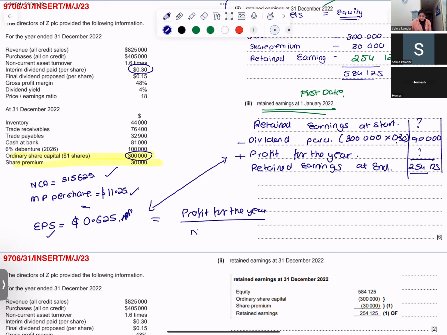What is the number of shares that is issued? 300,000. So 0.625 into 300,000 would give me the profit for the year.